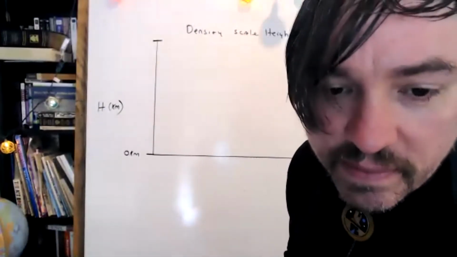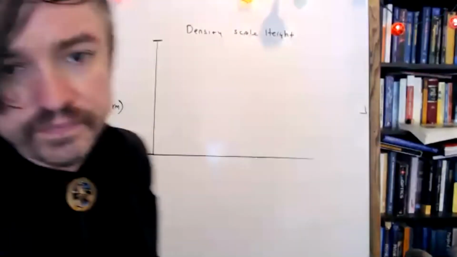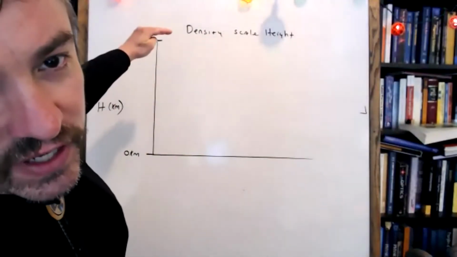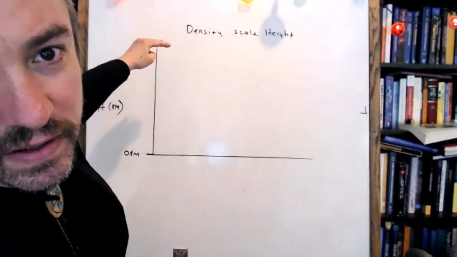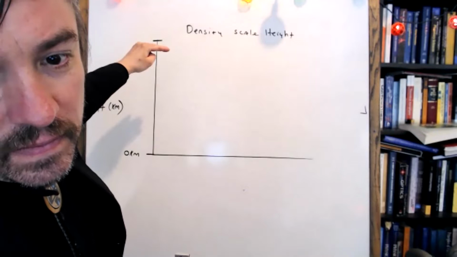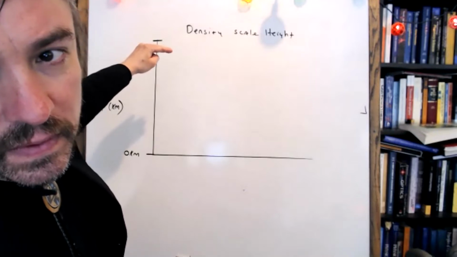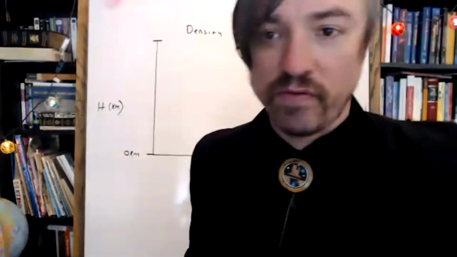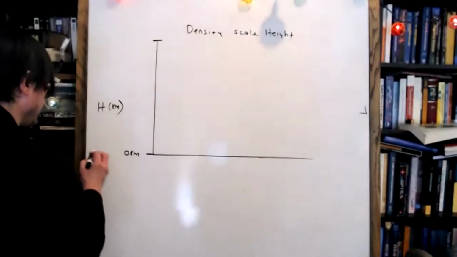T was temperature in Kelvin. That's right. How high up do you have to go before you're in outer space? 6,400 kilometers. No, that's a full Earth radius. I'm talking about from the surface of Earth. So this is the ground, okay?